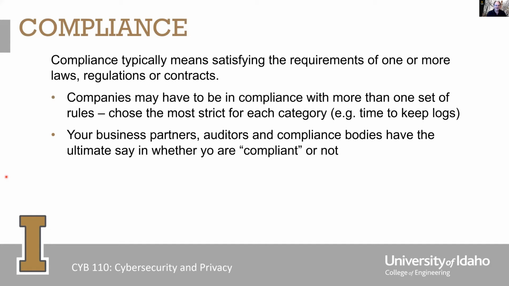Now, by compliance, and you're going to run into this when you work in industry, it typically means satisfying the requirements of one or more laws, regulations, or contracts. You're working for a customer who you have a contractual obligation to do something with, or a business partner, you've worked in agreement with them, you promised to do certain things. So compliance fits in terms of all of that.